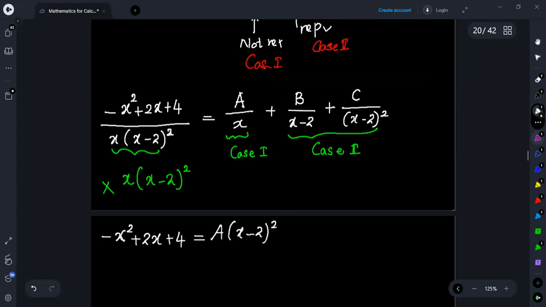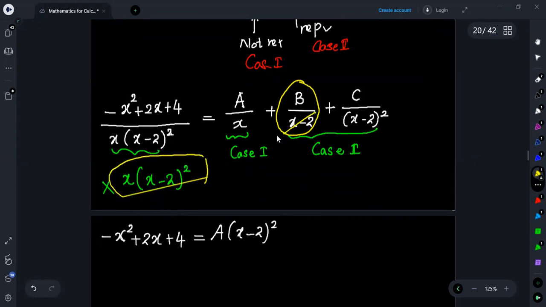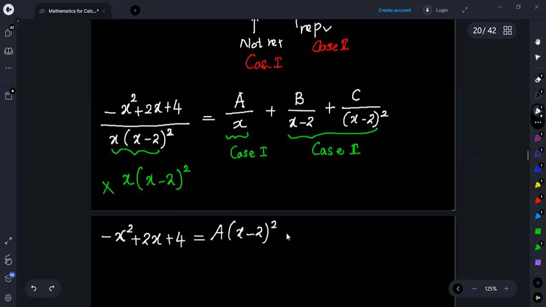And here we are going to multiply this one by this. One of the factors is cancelled and the remaining part is x times (x - 2). So we can write plus B times x times (x - 2).